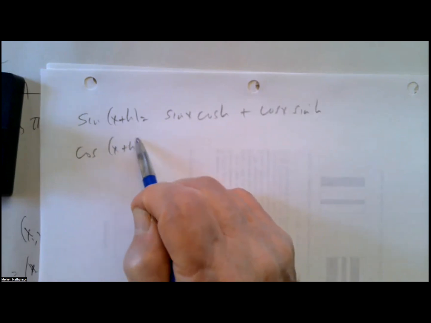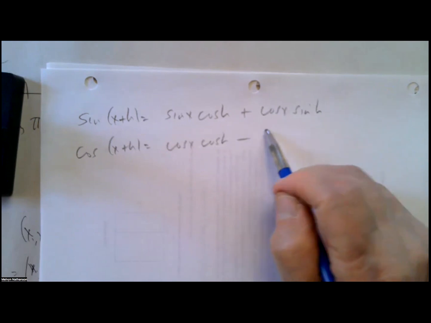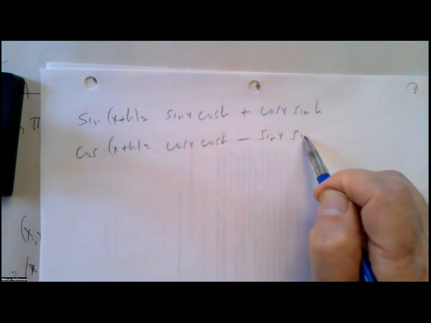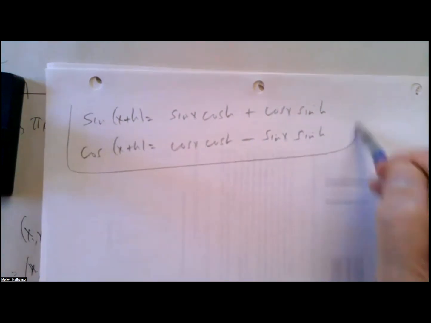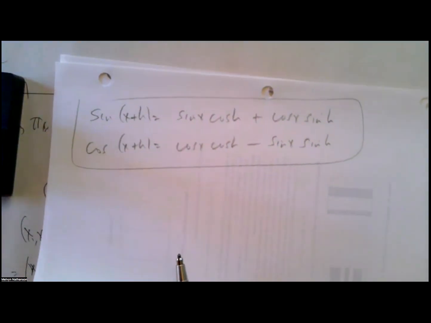And the cosine of x plus h is cosine x cosine h minus sine x sine h. So this is a bit of pre-calculus, trigonometry, that you're supposed to know. And we just proved that the limit of sine x over x is 1.